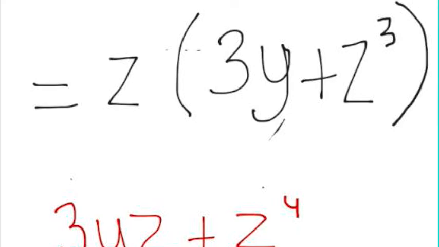Third, taking out the greatest common factor of each coefficient. Then, taking out the greatest common factor of each variable. Then, you must open parentheses beside the greatest common factor and start by dividing each part of the function by the greatest common factor. When you finish doing that, you close parentheses, and there you got your answer.